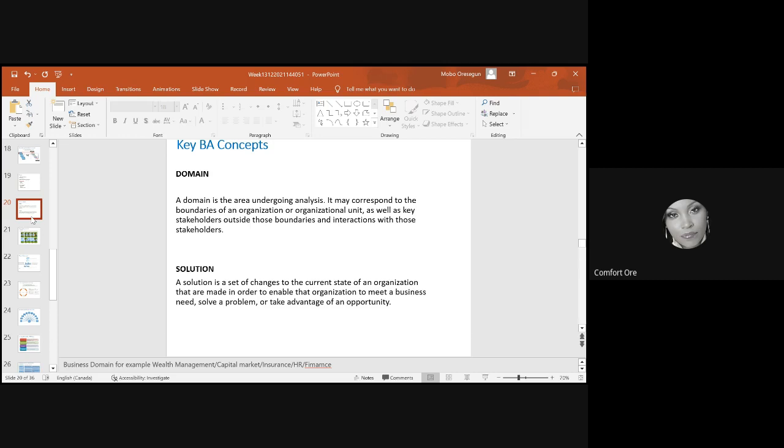So that's what we refer to as the domain. So the organization, as it is affected by the stakeholders. Stakeholders can be within an organization or external to the organization. A good example of stakeholders that are external to the organization will be, do you know?